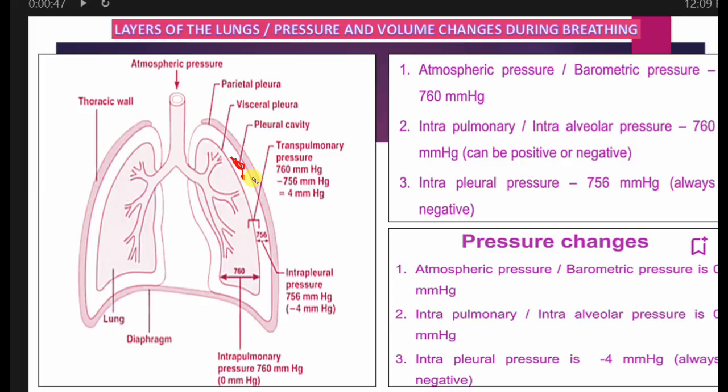And that cavity is known as what? Pleural cavity. Good.